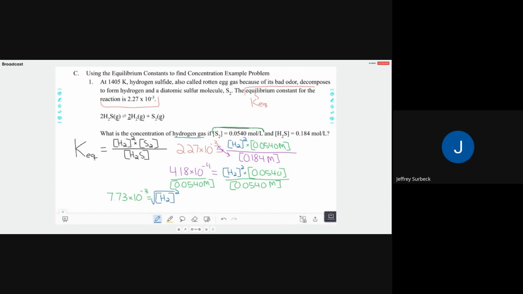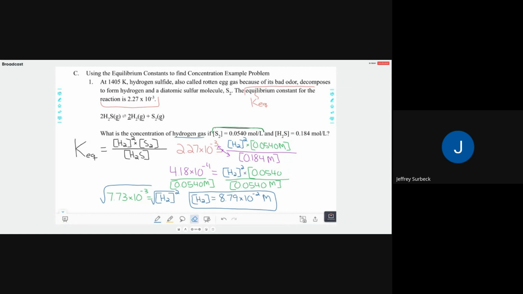So we take the square root of what we got here, and we get an H2 concentration to be 8.79 times 10 to the negative second. And that would be in units of big capital M for molar. Now, that's the same unit as moles per liter, okay?